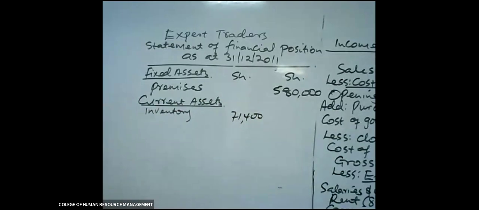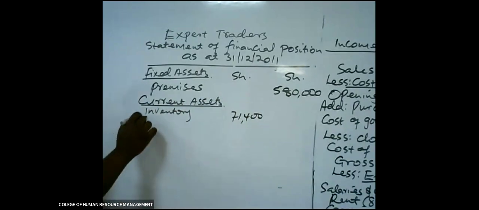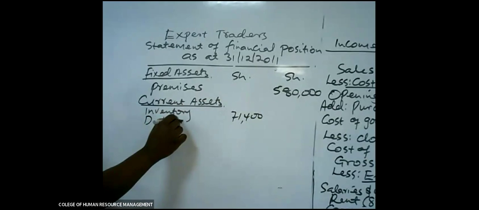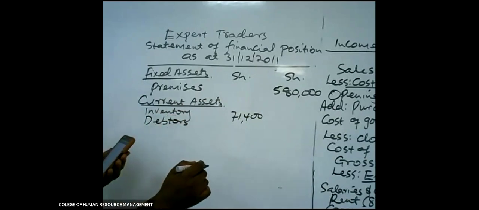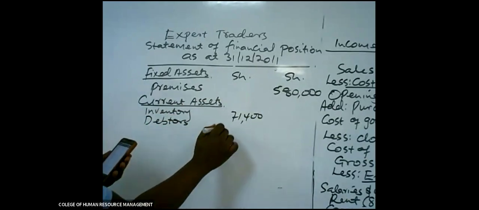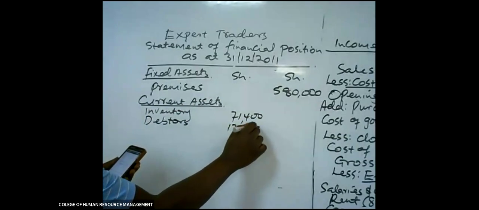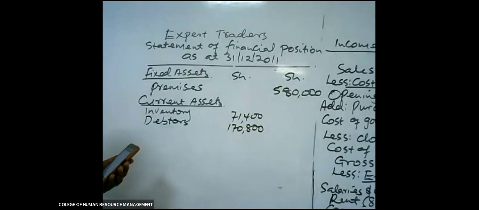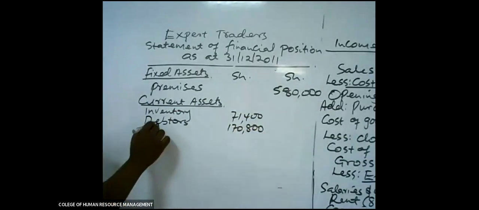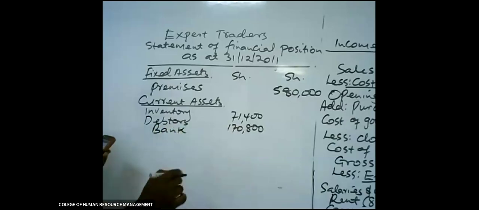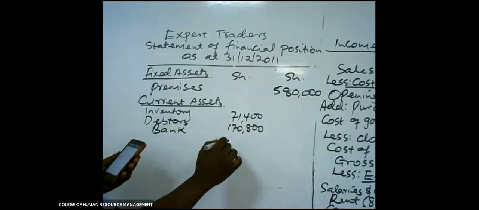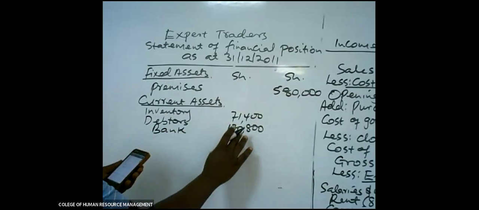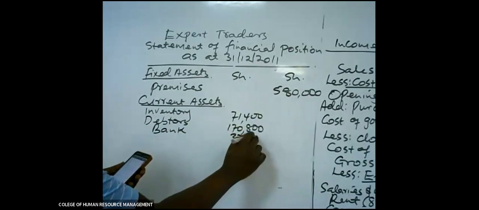Do the cumulative total there. We have the debtors, $107,800. We have cash at the bank, 37,600.